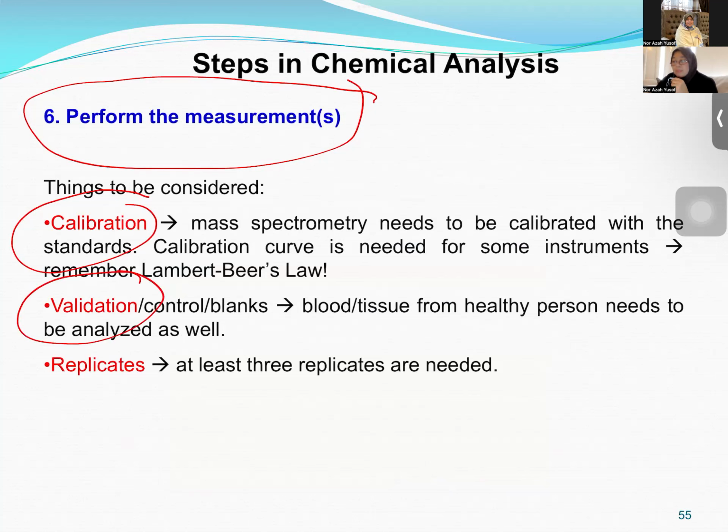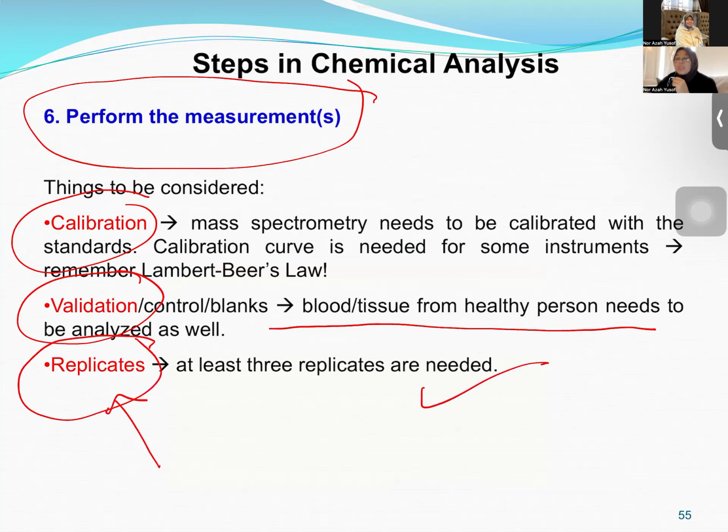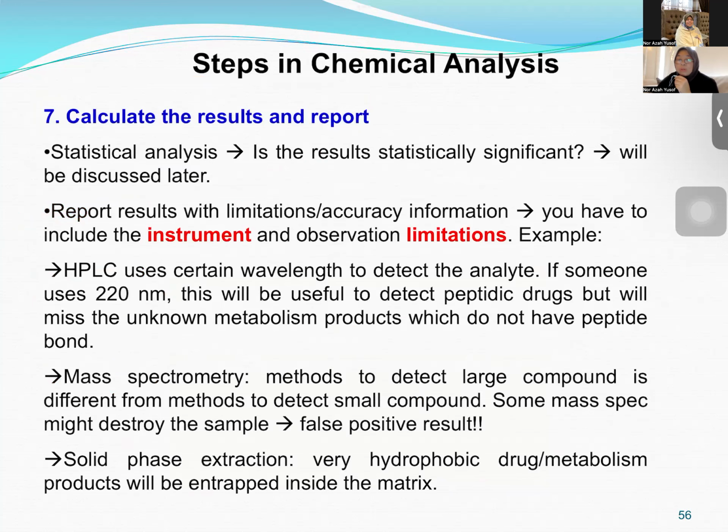But validation is very important. Okay, so somebody mentioned about validation just now, and SD talked about replicates, and this is very important to make sure that you have enough samples to do replicates, because without replicates, there's a lot of error. So that's where we are going after this, to talk about error first, and then go towards statistics.